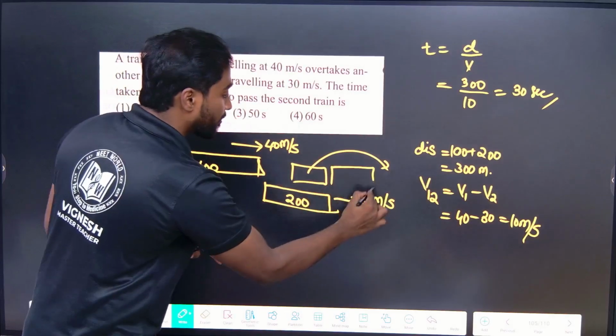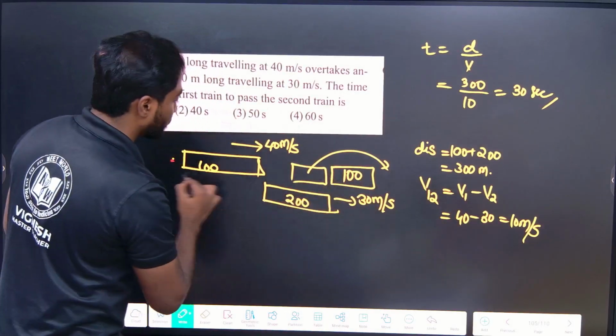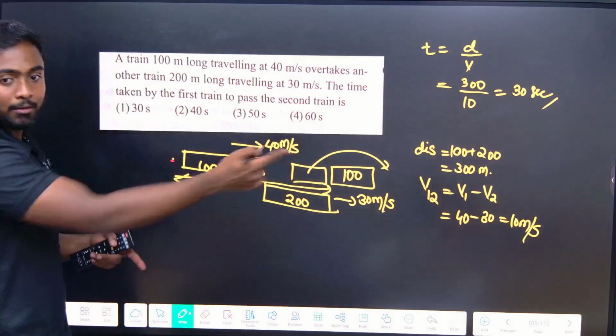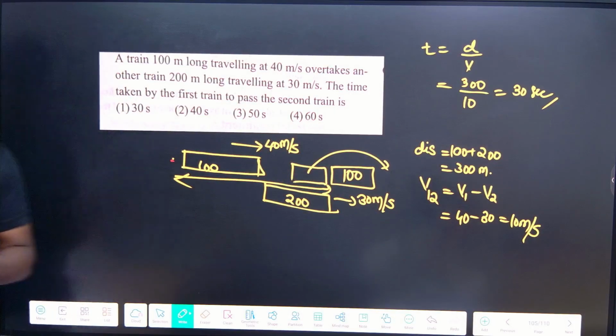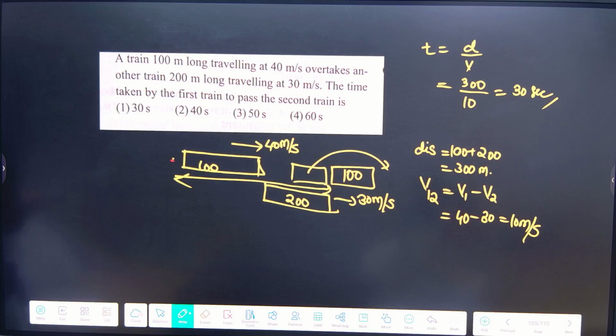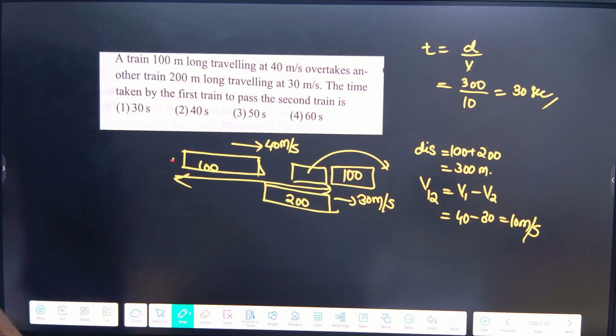So this is the thing I need to calculate: 100 plus 200, 300. Got it? Done? Can we go for the next question?